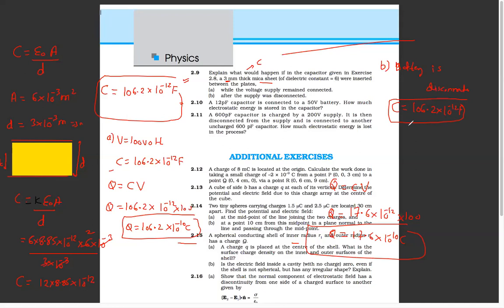But on disconnecting the battery, charge becomes constant. Remember this thing. Whenever you disconnect the battery, charge becomes constant.